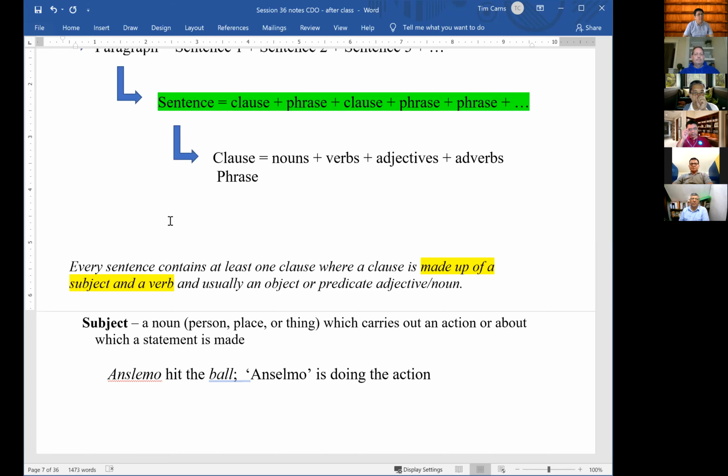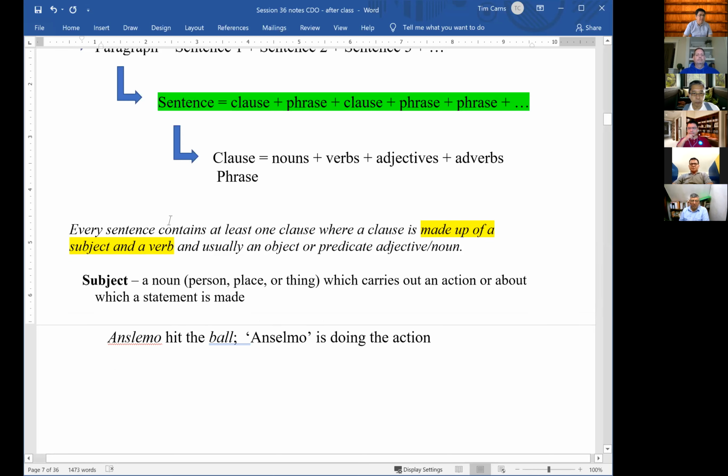I would just like to clarify. So you said that a sentence is a subject and a verb, even if it doesn't have a direct object. Correct. It must at least have that. Usually, and notice I say it here, usually it does have an object, but it doesn't have to be a sentence.